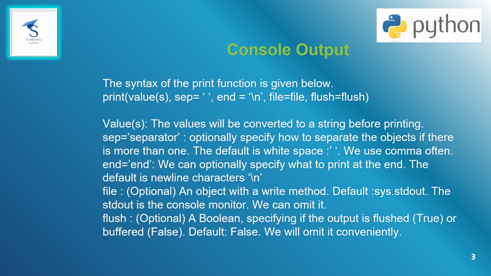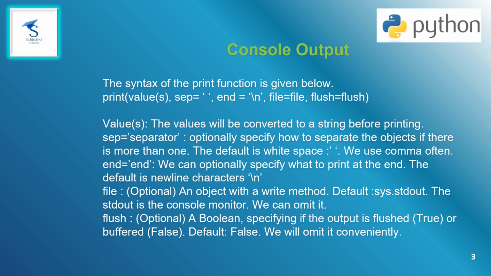So always the values will be converted to a string before it's printed. We have been specifying commas. We will use commas for separating 2 variables, but the default is white space.